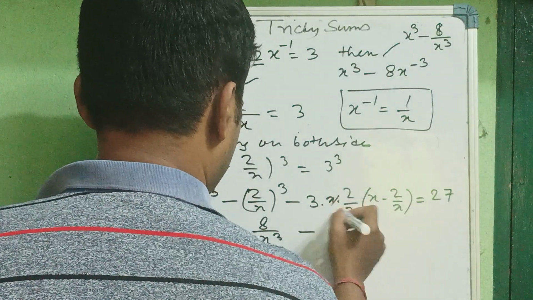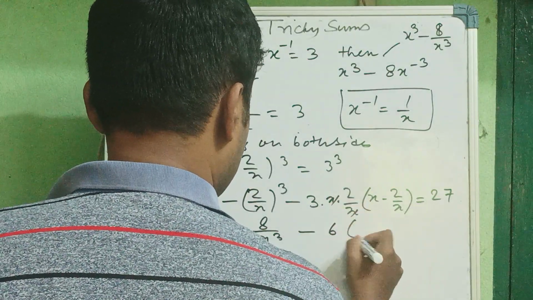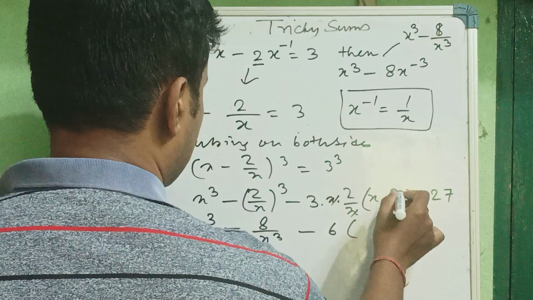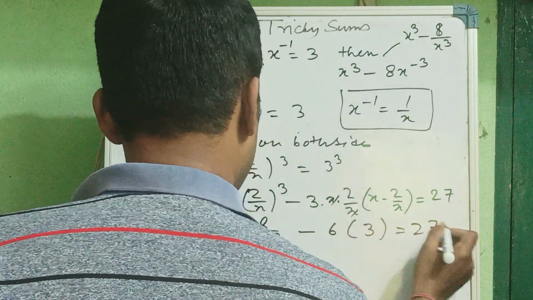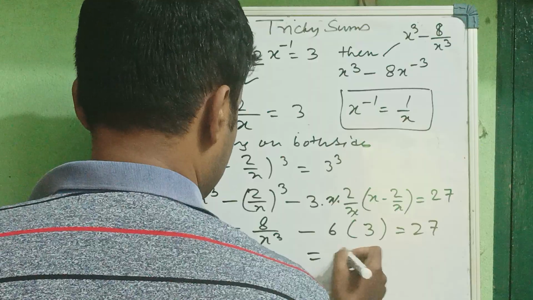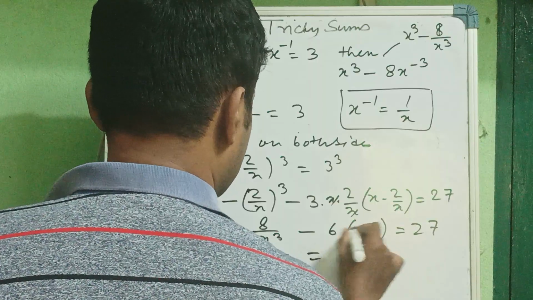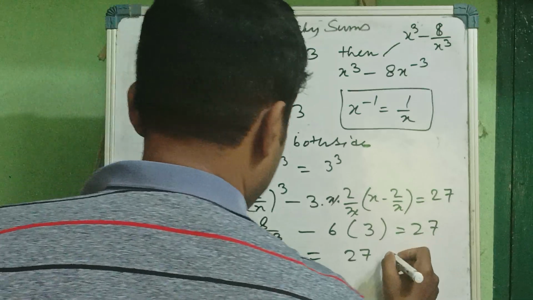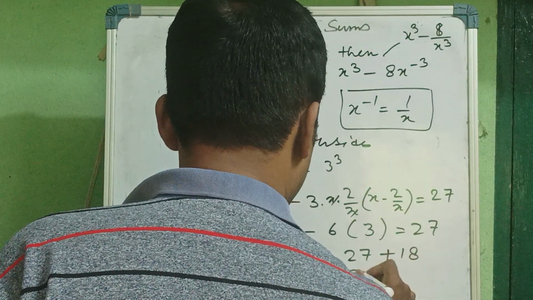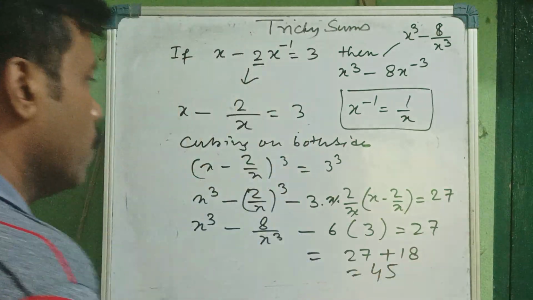So x cancels, 3 times 2 is 6. Here x minus 2 by x implies the value 3, so 27 minus 6 times 3, that is 18. Placing it on the right side it is plus 18, and the value is 45.